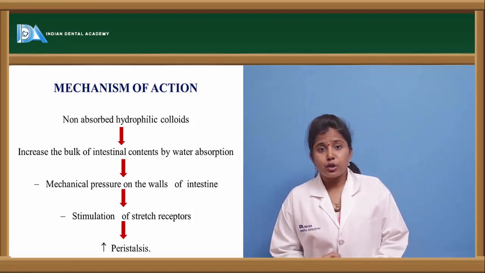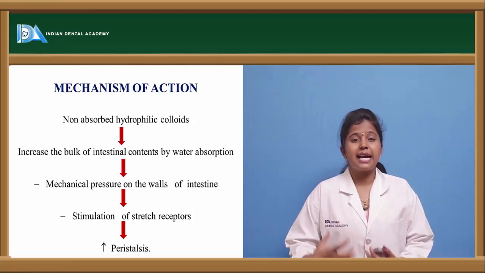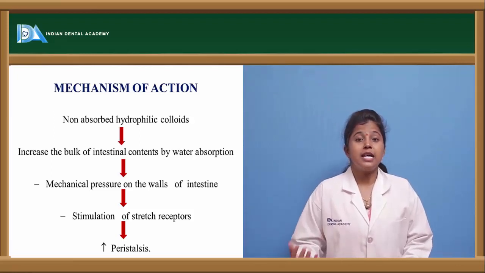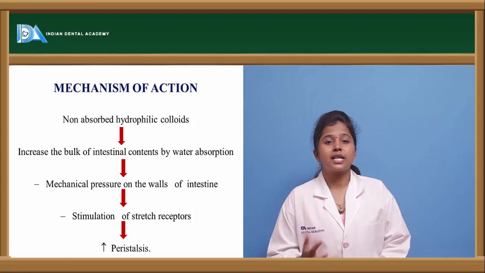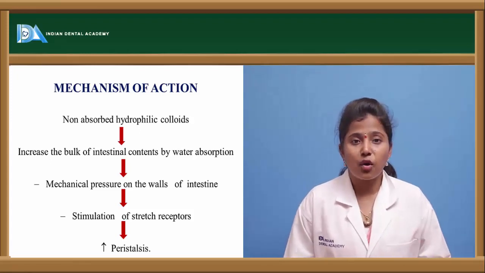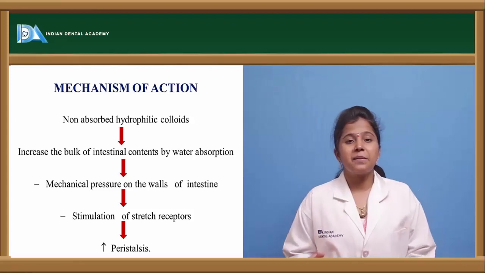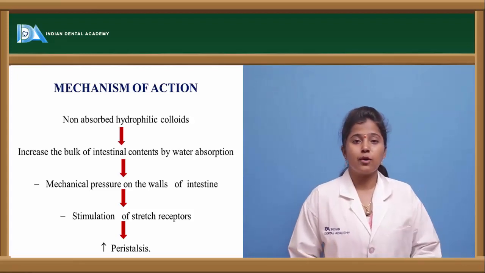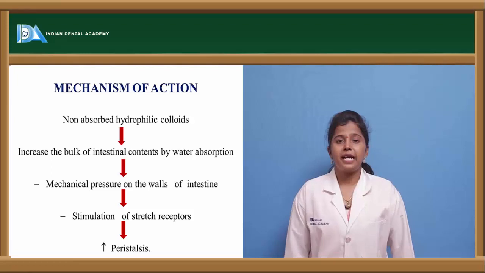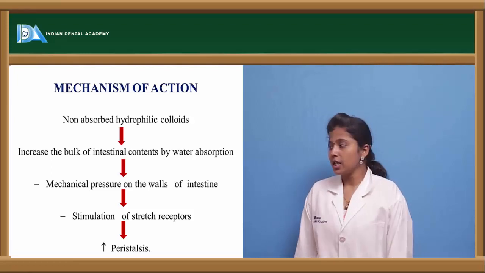When water is absorbed by these drugs, they add bulk to the gastric contents, and when fluid is added to that undigested food, it becomes soft and is very easily defecated. And if it becomes soft, then the peristalsis movement of the smooth muscle will also be good, and thereby they act against constipation.